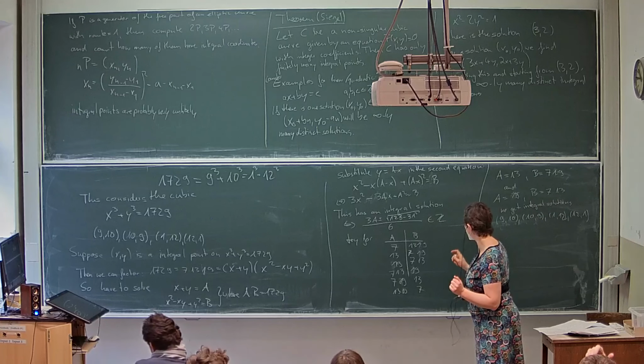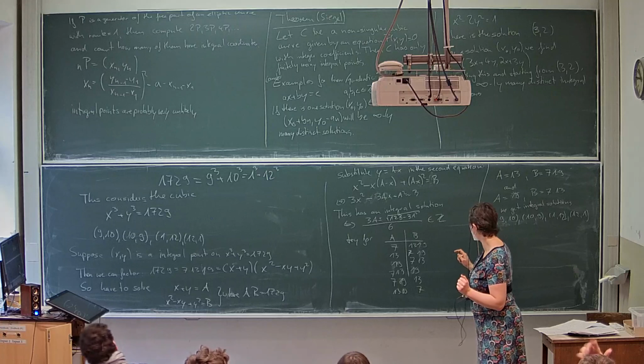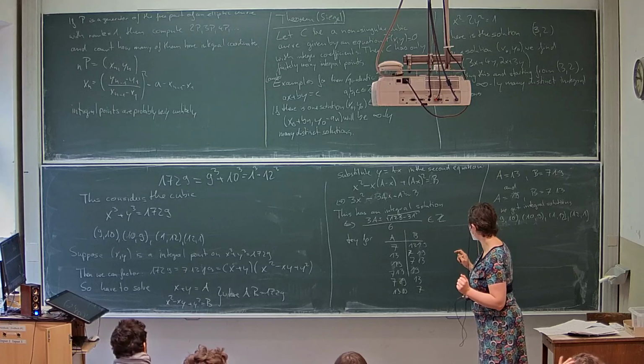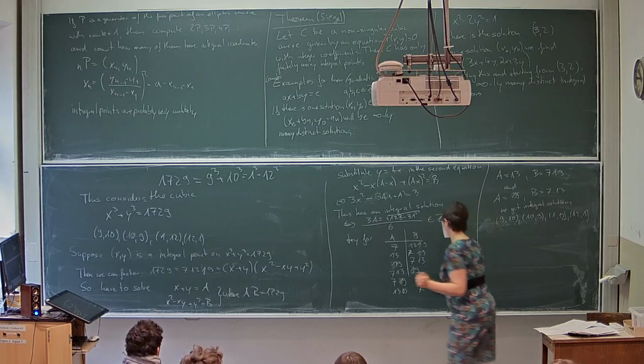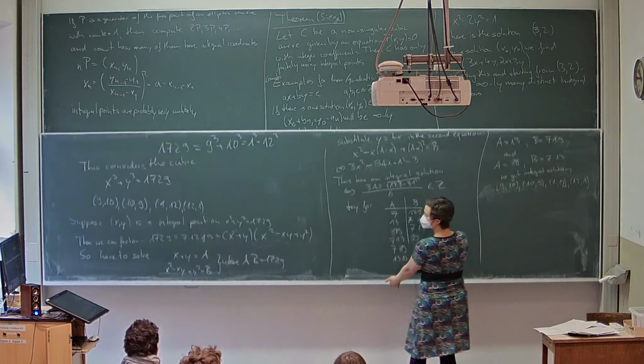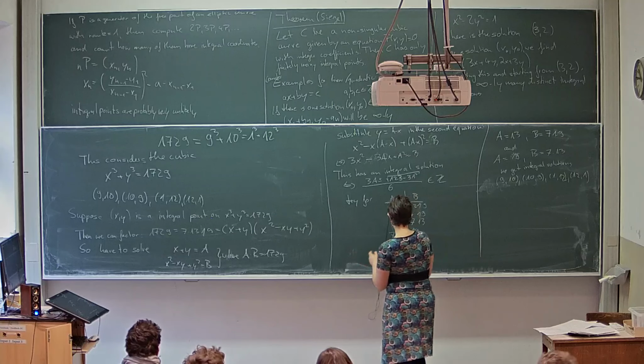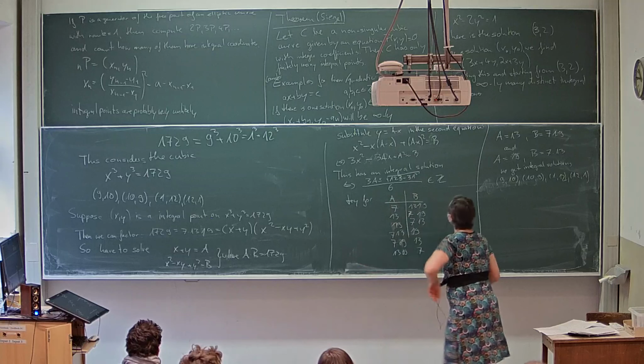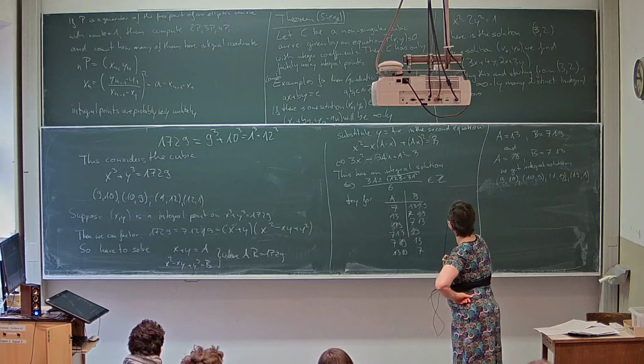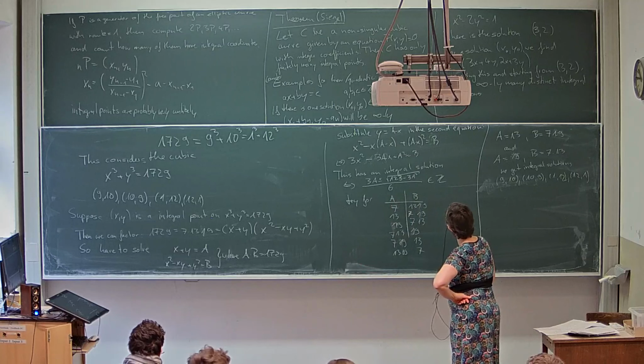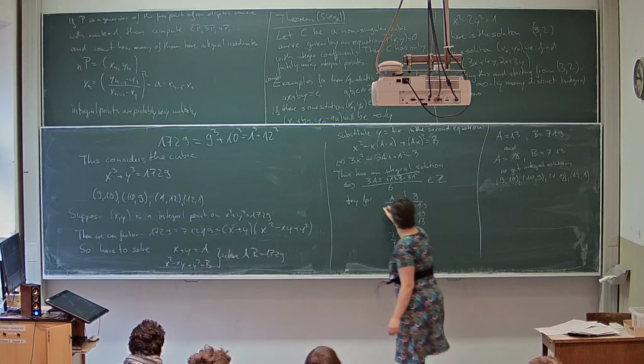Don't you need to check for negative a and b, and also a equals 1 and b equals...? Oh yeah, a equals 1 and b equals... Yeah, and the negatives, we also need the negatives. Or do we already have them? No, we also need the negatives. Yeah, thank you.